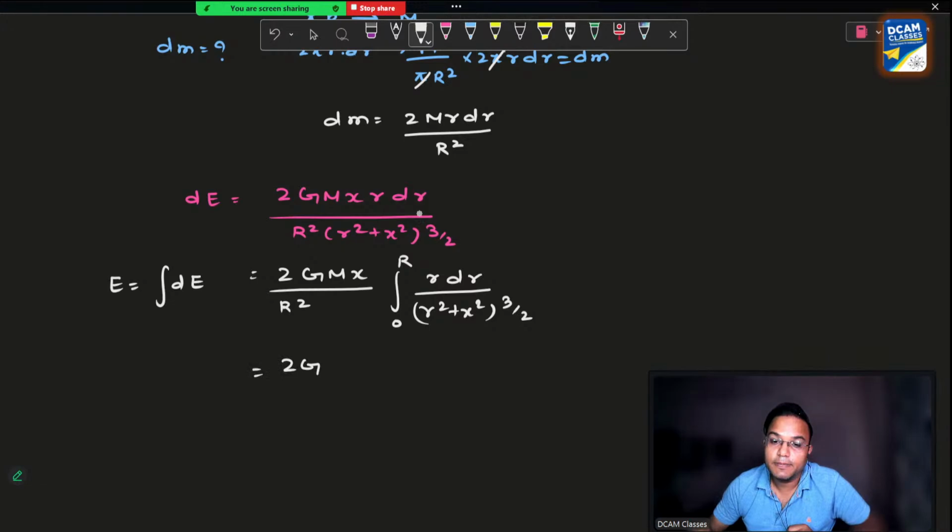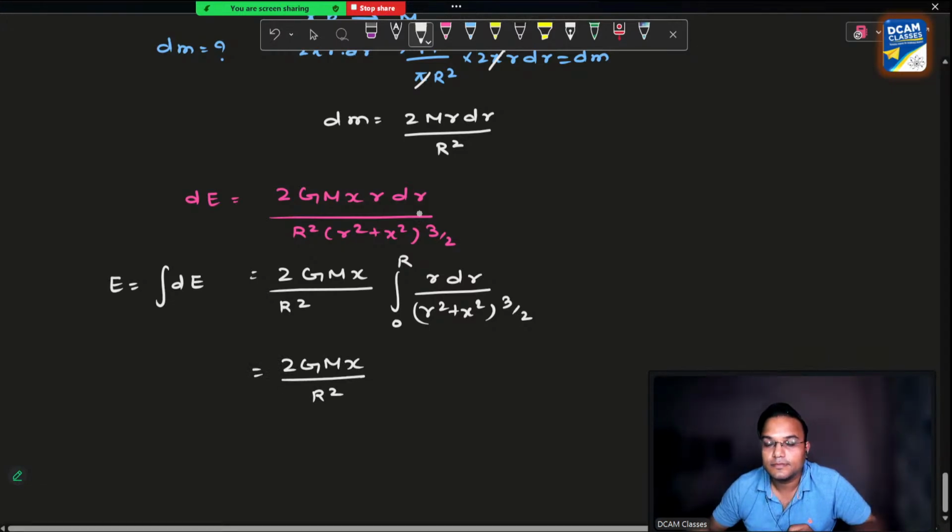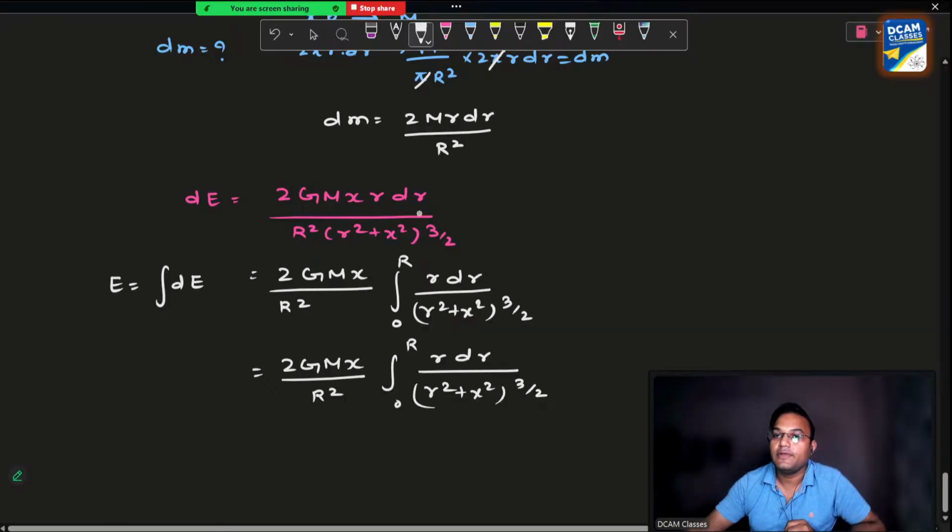Now the interesting part is integrating this. Integration is not difficult, but this is somewhat different, which is not introduced to you. Here I will assume something. This is integration that we do by assuming something. Here what I do, r square plus x square I take as t. So 2r dr is equal to dt.